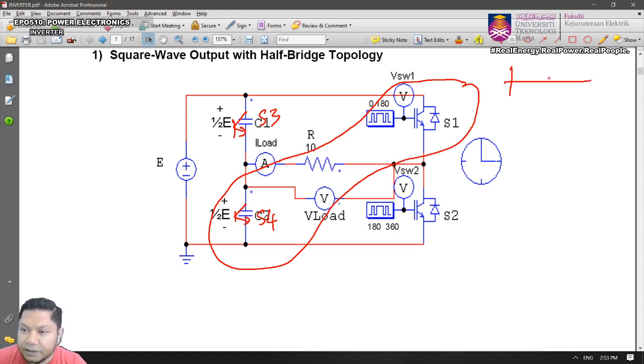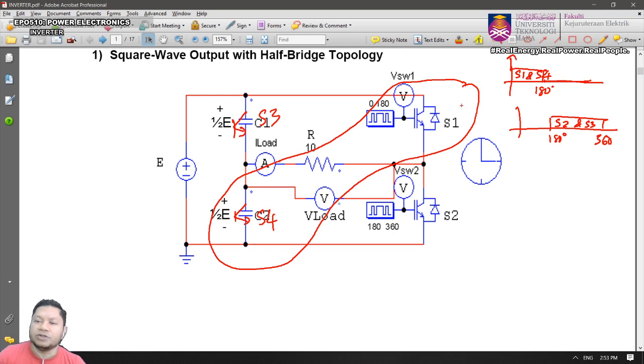So if I can redraw, this will be S1 as well as S4. And then for the other switches, we're going to have S2 and S3 from 180 to 360 degrees, and here from 0 to 180 degrees. Okay, so the diagonal switches will receive the same pulse, right?